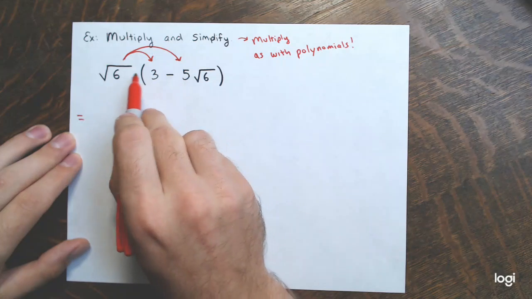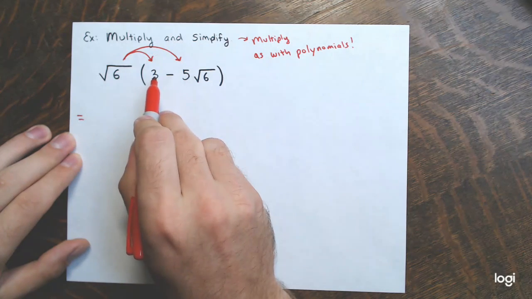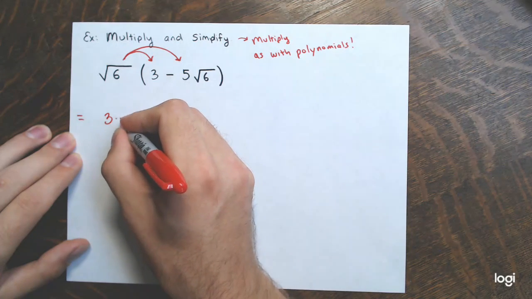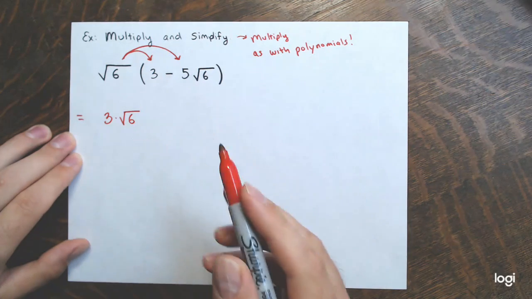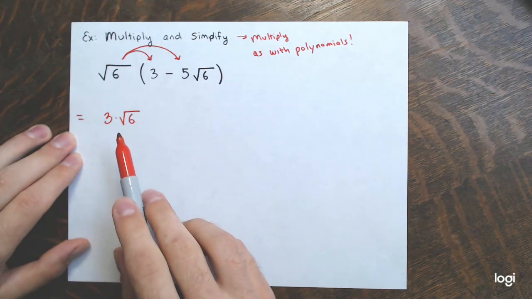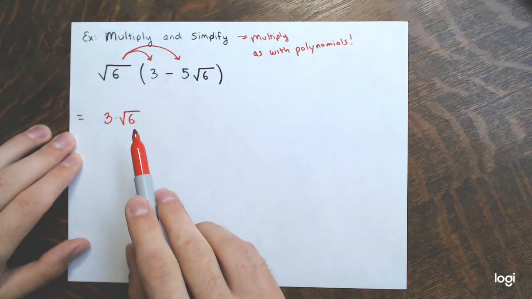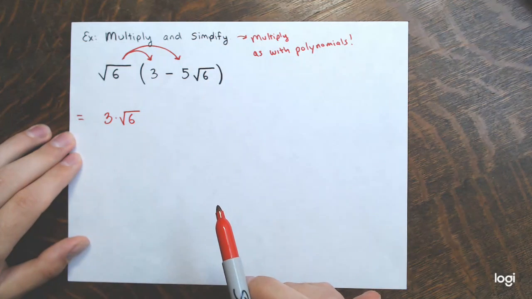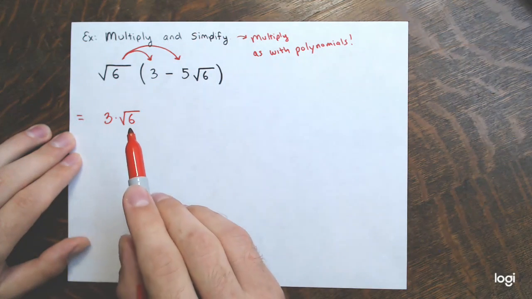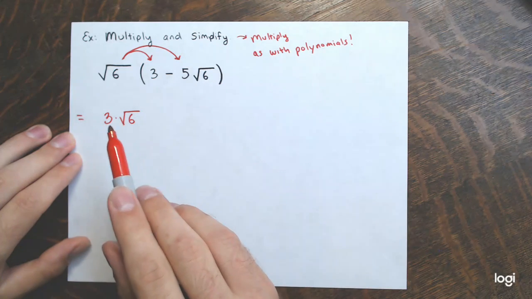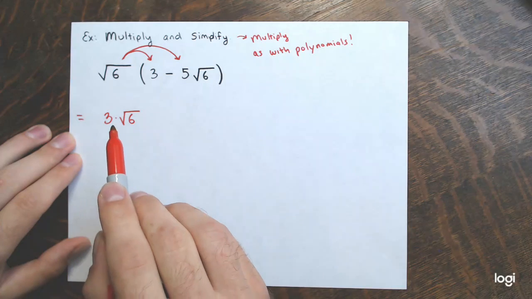The first term, when you take the square root of 6 times 3, those are simply the factors. It's 3 times the square root of 6 for the first term. Notice I'm not making this the square root of 18 or anything. I know that 3 times 6 is 18, but remember that product rule: you can only use it if they're both square roots or both cube roots, and they're not.